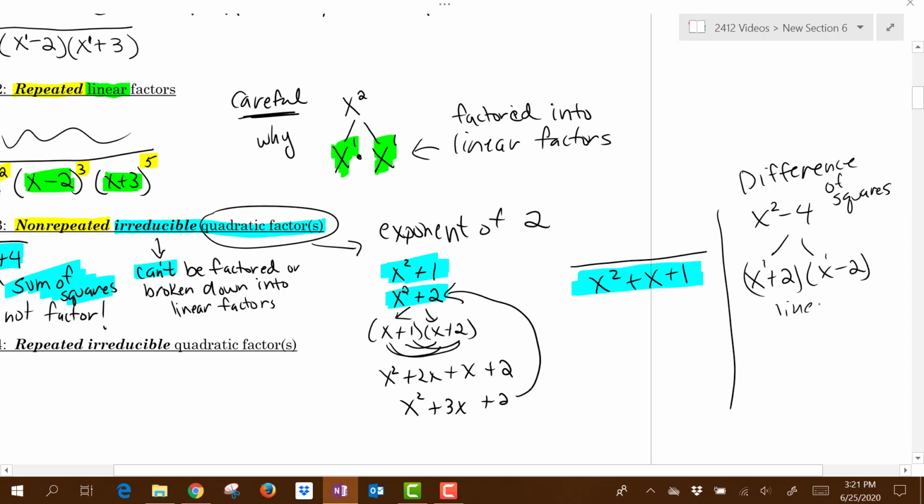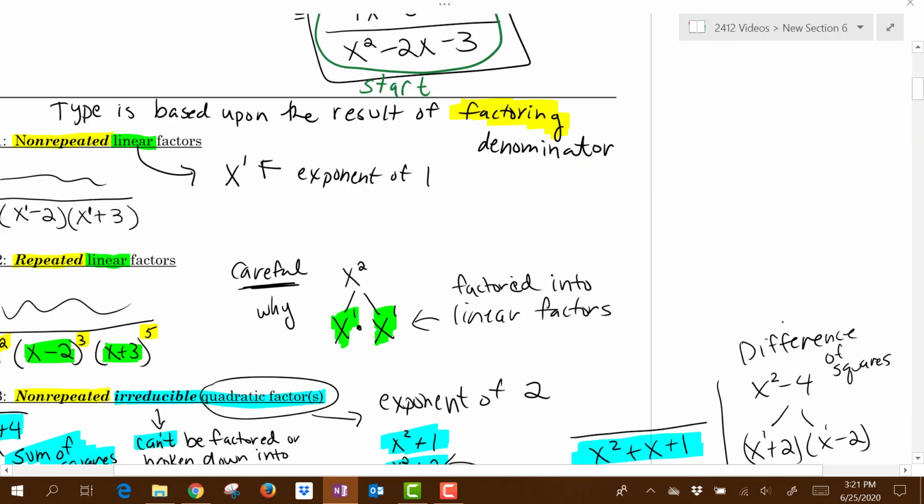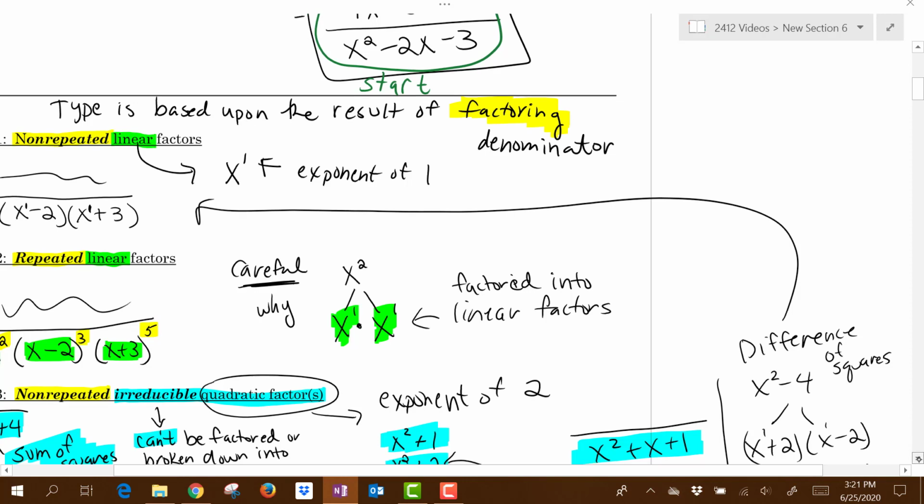So since x squared minus 4 can be broken down into linear factors, they're not the same, so they're not repeated. But since it can be broken down into linear factors, this is not an irreducible quadratic factor, because I could reduce it into linear factors. This would fit into the category up here of non-repeated linear factors.